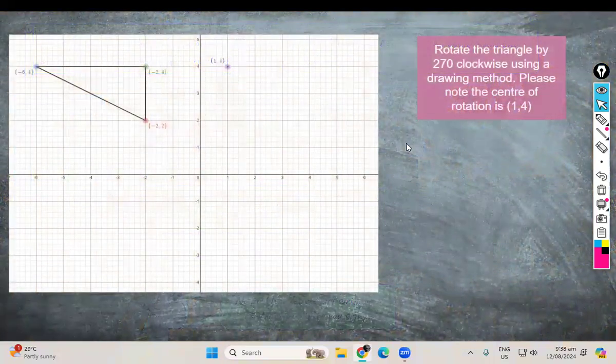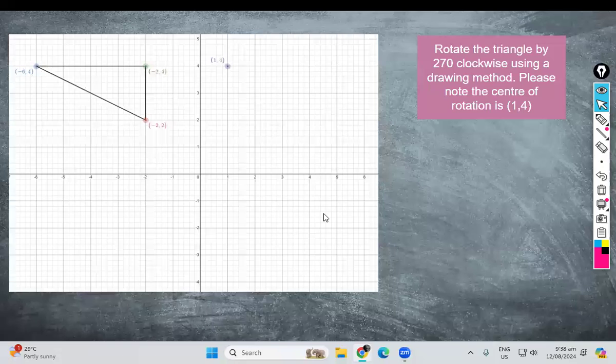Right. So here we have a new question where we have a triangle. Let me just put the points here. I'll just call here A, I'll just call here B, and I'll just call here C. And the examiner wants you to rotate this triangle by 270 degrees clockwise using a drawing method.